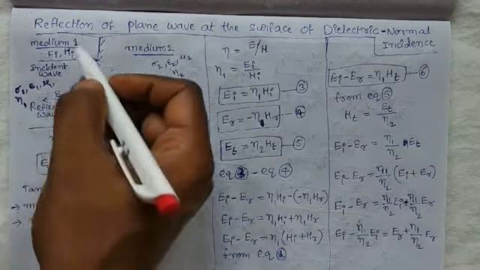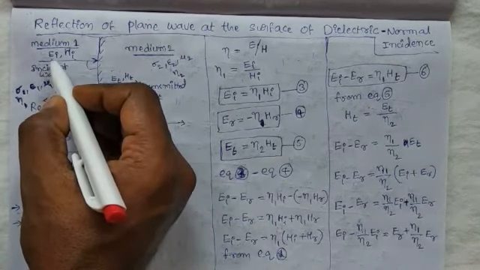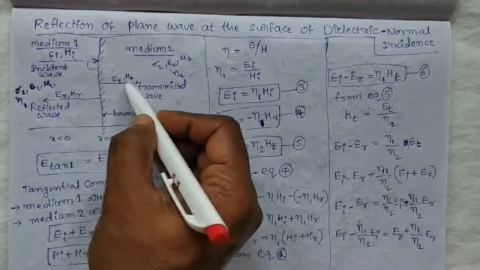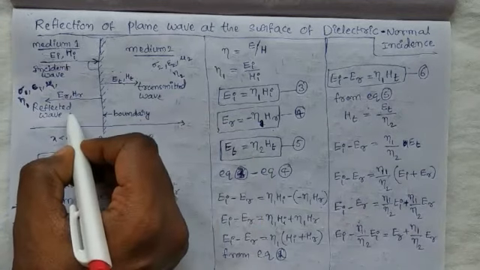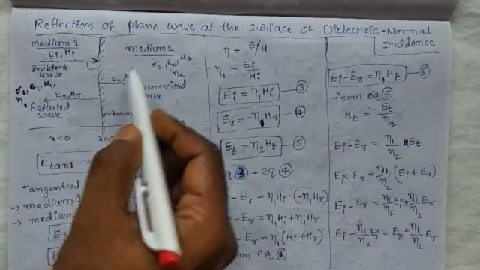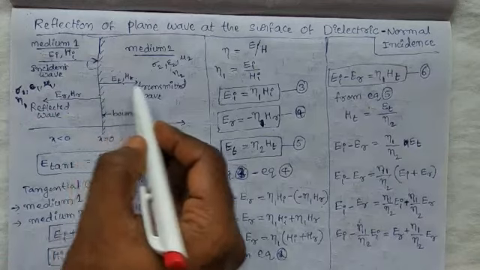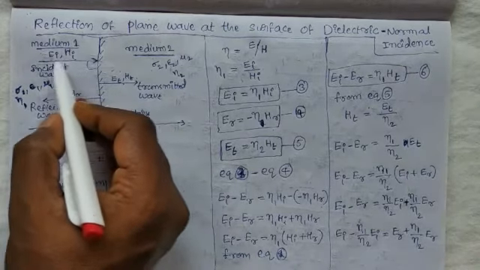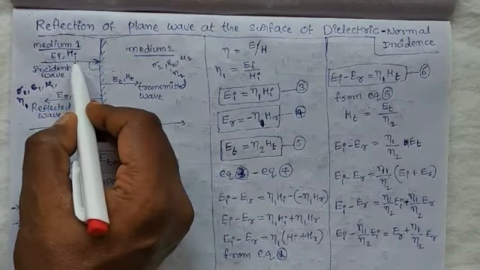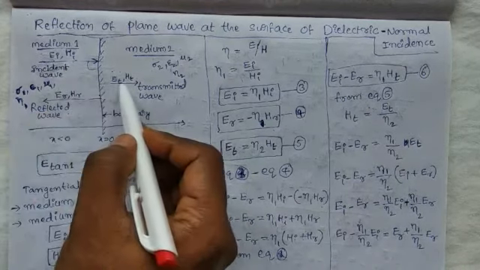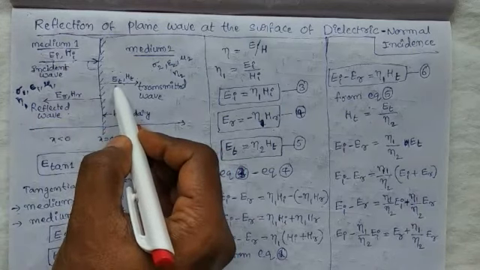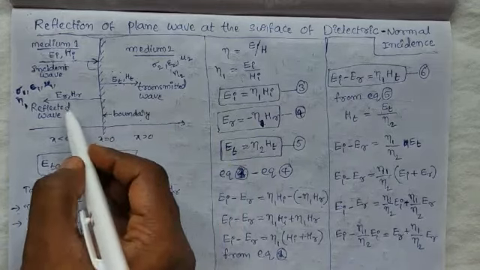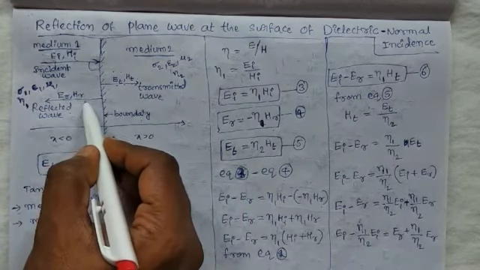How can we express the incident wave in terms of electric field and magnetic field? This is our incident wave, this is our reflected wave, and this is our transmitted wave. The incident wave is expressed as EI and HI, the transmitted wave as ET and HT, and the reflected wave as ER and HR.